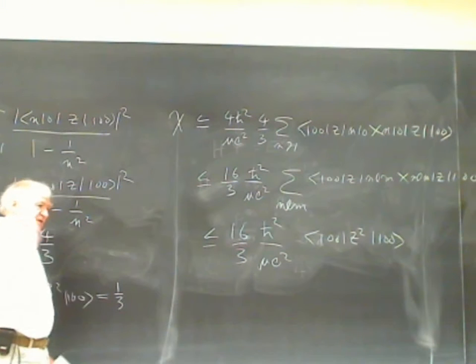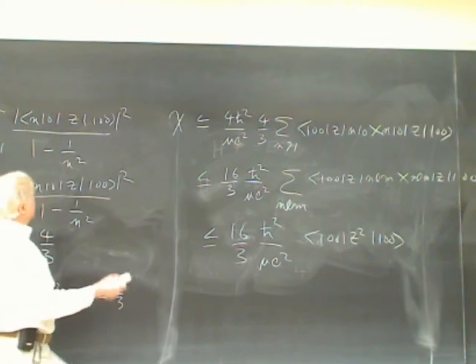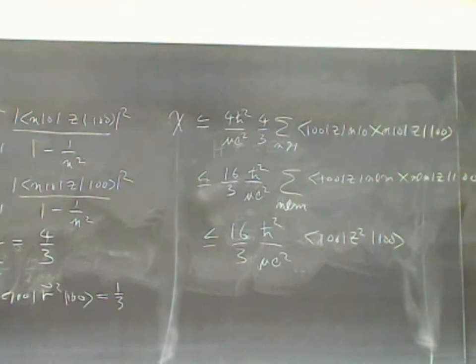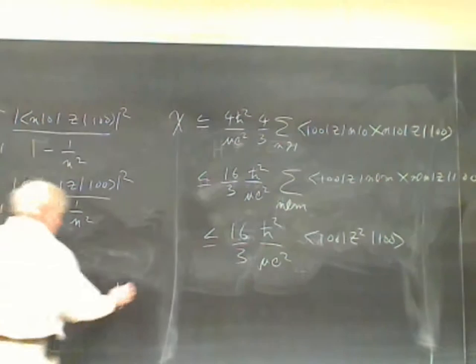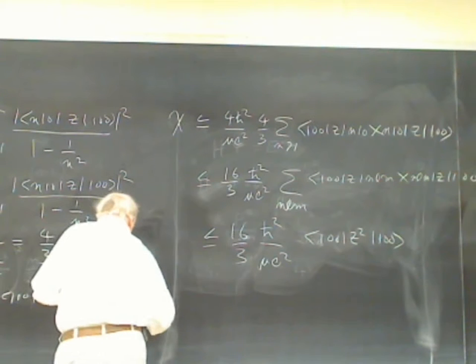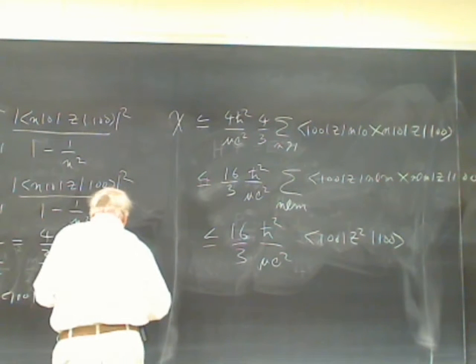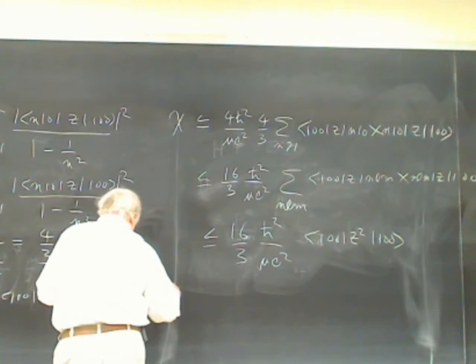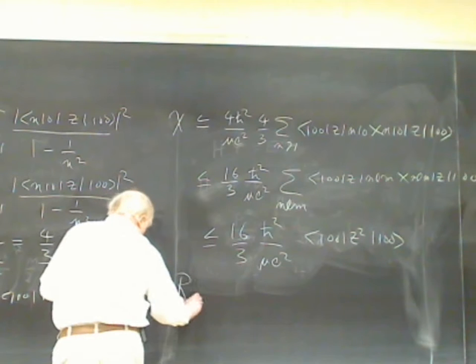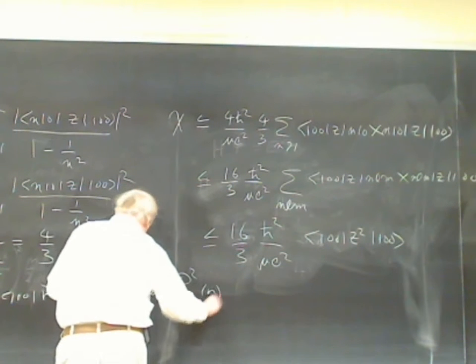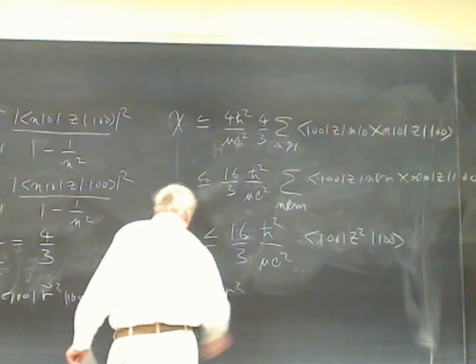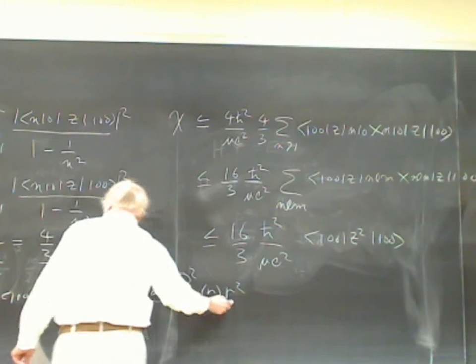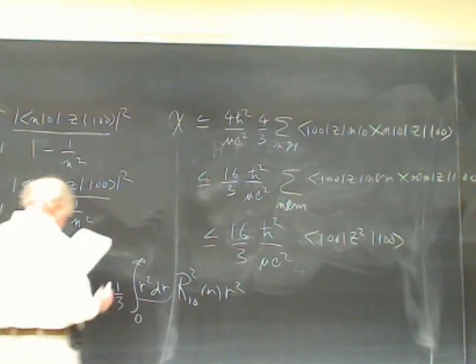Remember, the spherical harmonic part of the hydrogen atom wave functions are themselves separately normalized over d omega. And so all we have to do is integrate over r, 0 to infinity, r squared dr, R10 squared of r, and now r squared. So this is the volume element, this is the r squared that comes from here.